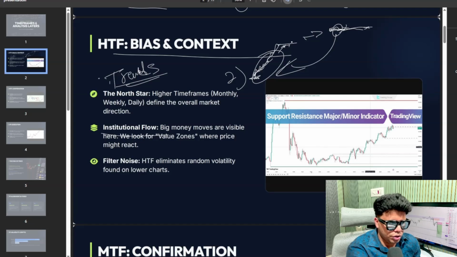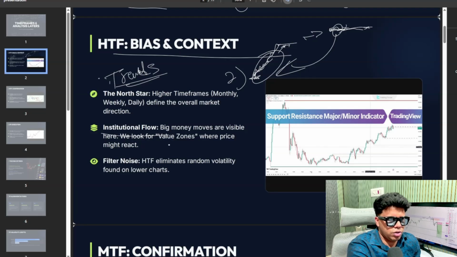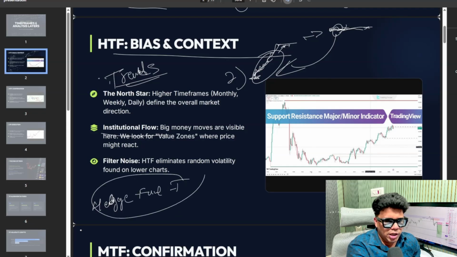The next one, filter noise. The higher time frame eliminates random volatility found on lower time frame charts. We understood about hedge fund managers, right? What hedge fund traders do in the markets is create big volatile movements in short time frames. That's called volatility.